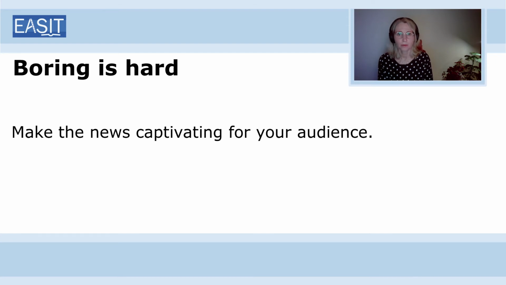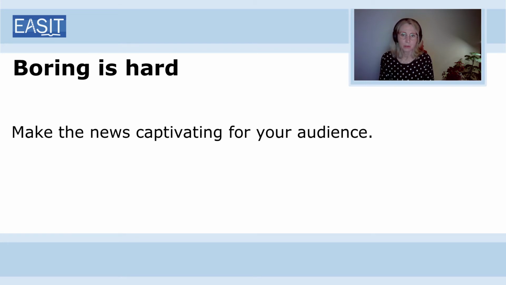Most of us would find dull and boring content hard to digest. If your target group includes people with cognitive difficulties, some will get tired very easily and/or have problems concentrating. For them, it's harder than for the rest of us to take in material that is uninteresting or is difficult to understand. Try to make the news item captivating for your audience.